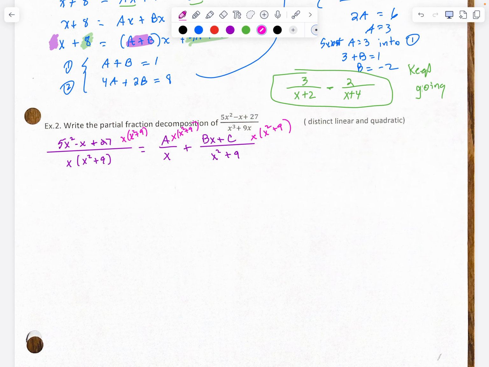And A is over x, so it's 3 over x. And then we have Bx, so 2x, and then C is a negative 1. And that is how your final answer needs to be presented. Because you need to go back here and plug in A, B, and C for your final answer.